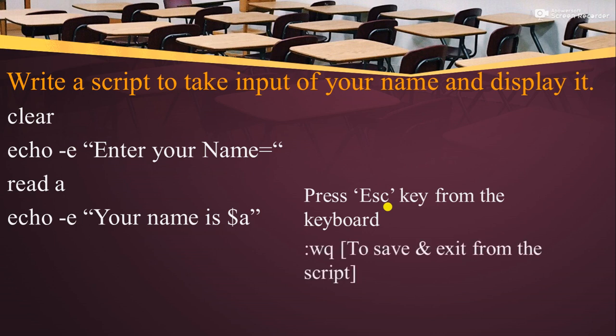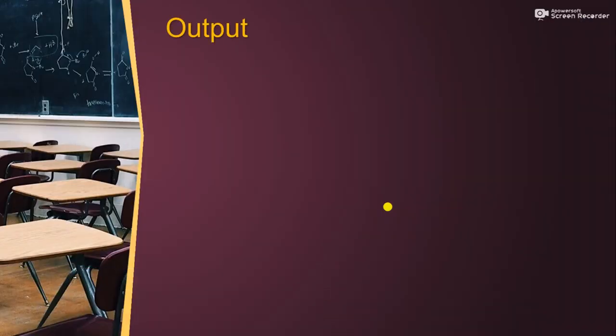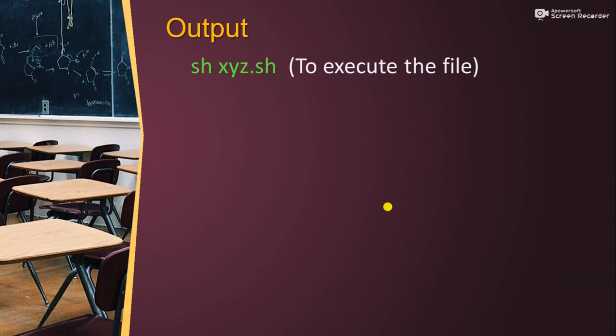After that, we will save and exit from the script. To save and exit, we will use :wq. When we write :wq, it will automatically go to the last line of the screen. Now, to see the output of our script, we have to execute the file.